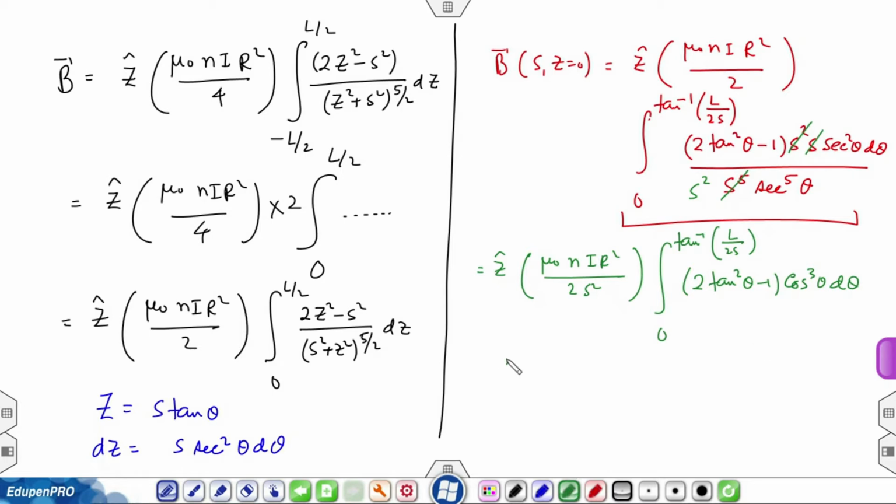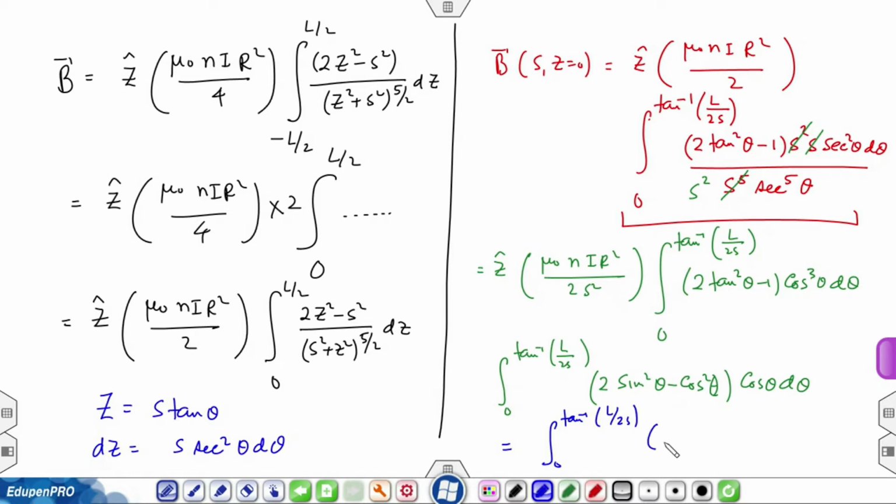I can take cosine² θ inside and write this as (2 sin²θ − cos²θ) cos θ dθ, which is then equal to the integral of (3 sin²θ − 1) d sin θ.